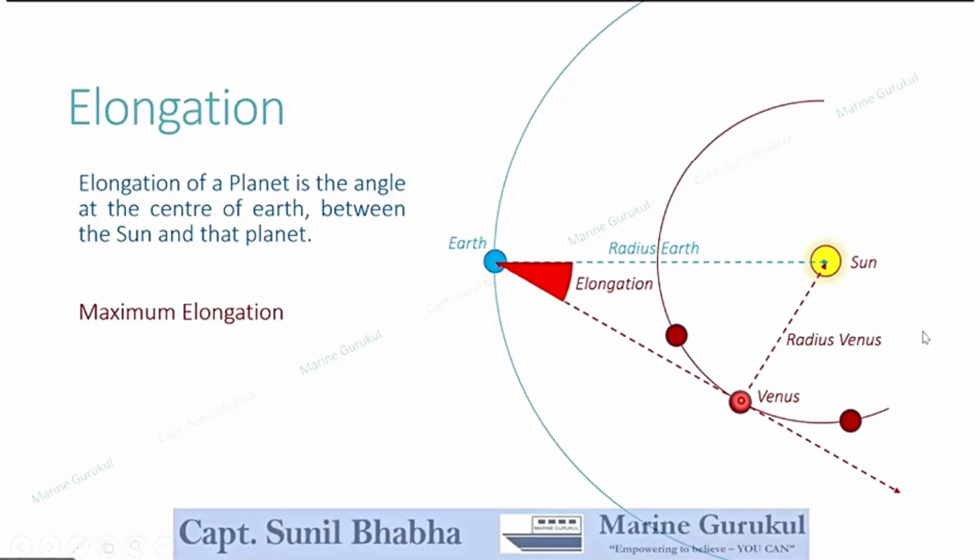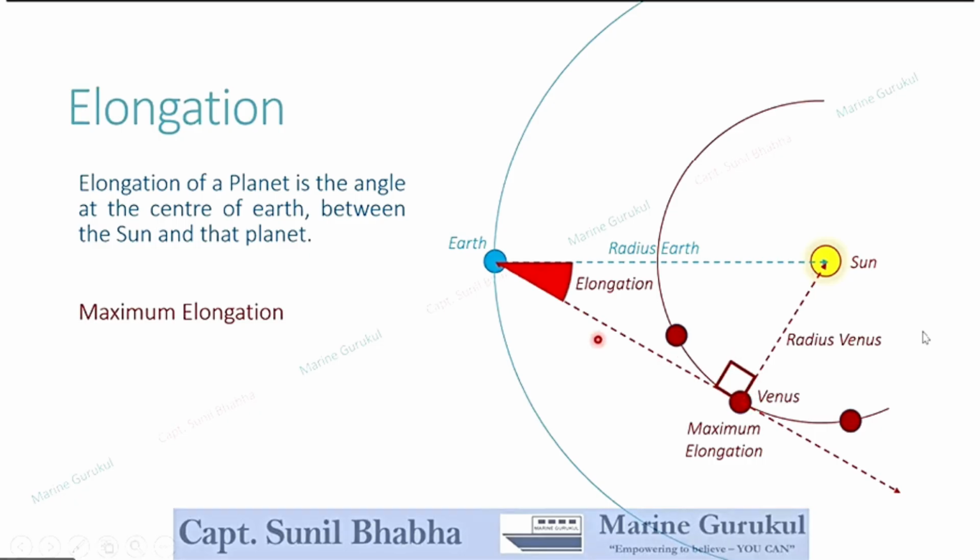And we are aware that the tangent is always perpendicular to the radius of a circle. So this line joining the center of Earth with the center of Venus, the red dotted line, represents a tangent, and this line joining the center of the Sun with the center of Venus represents the radius of the orbit of Venus. So they will be at right angles. So this angle here at planet Venus will be 90 degrees.